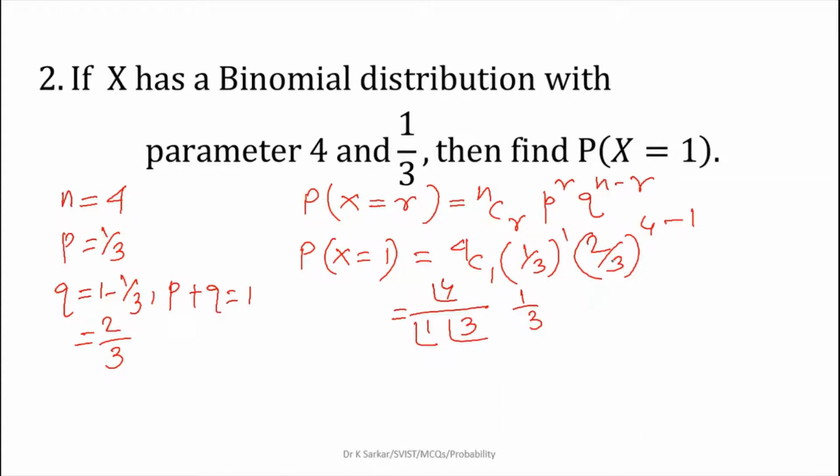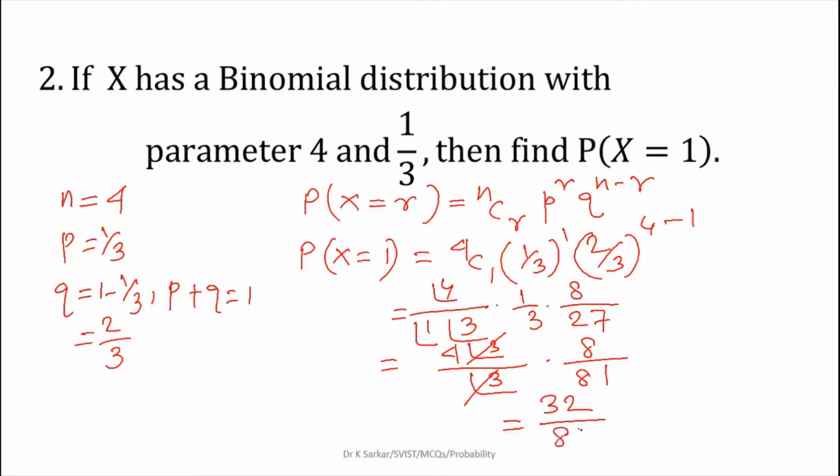So 2 to the power 3 is 8 and 3 to the power 3 is 27. Now factorial 4 is 4 factorial 3, factorial 1 is 1, divided by factorial 3, and this is 8 by 81. Factorial 3 cancels, so the answer is 32 by 81.